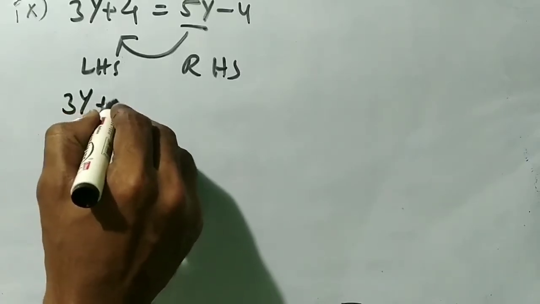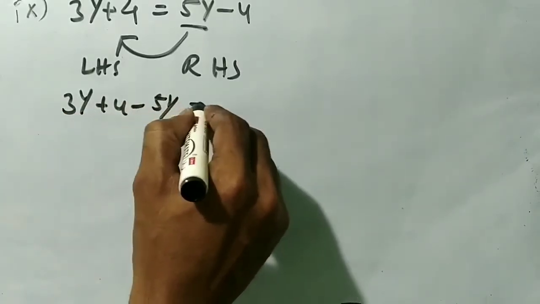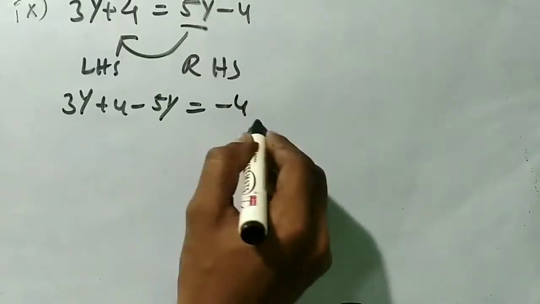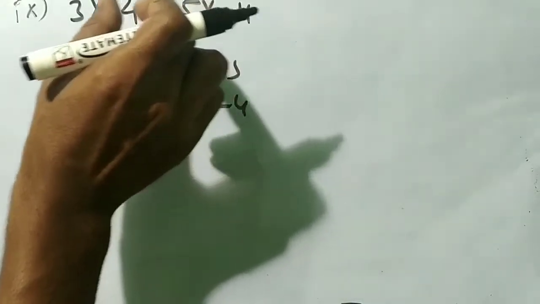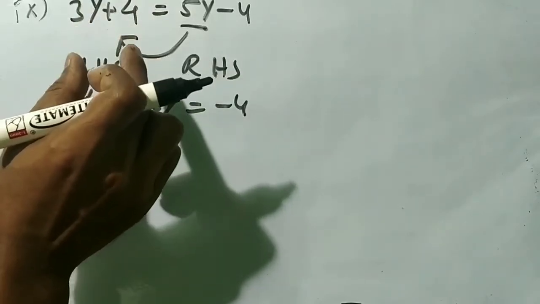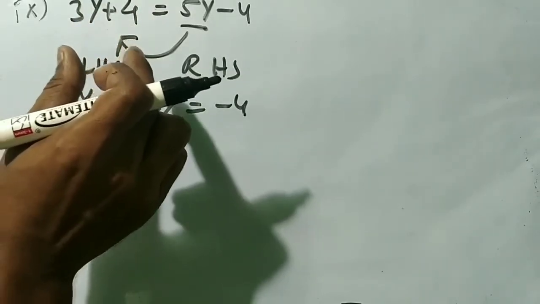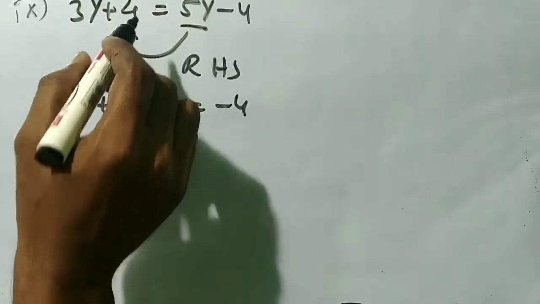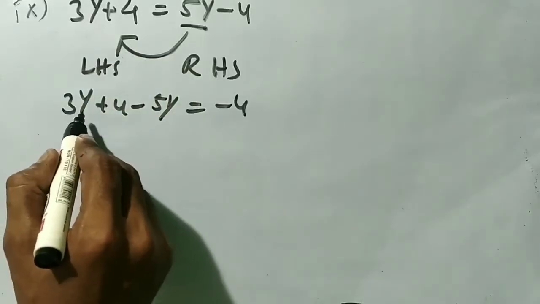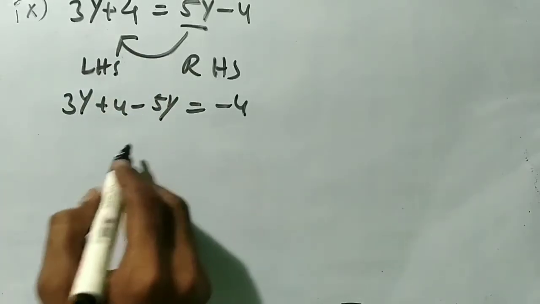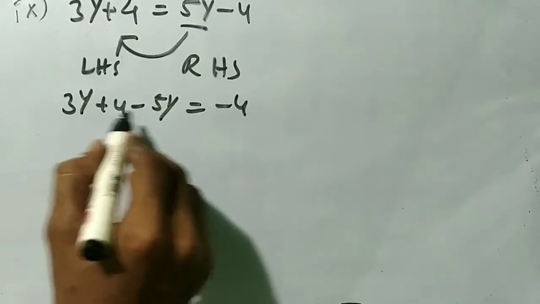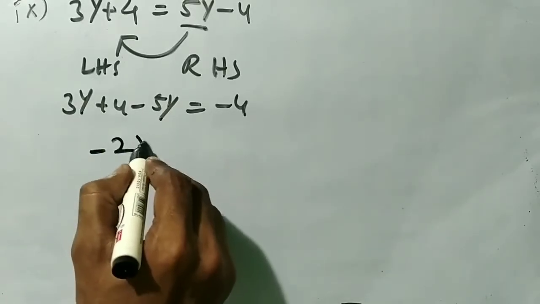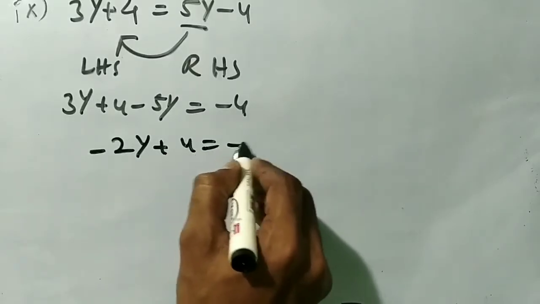So 3y plus 4 minus 5y is equal to minus 4. We just change the place of 5y to the LHS, so the quantity remains the same but the symbol changes. 3y and minus 5y: the bigger value has the minus, so take minus. 5 minus 3 is 2, so minus 2y plus 4 is equal to minus 4.